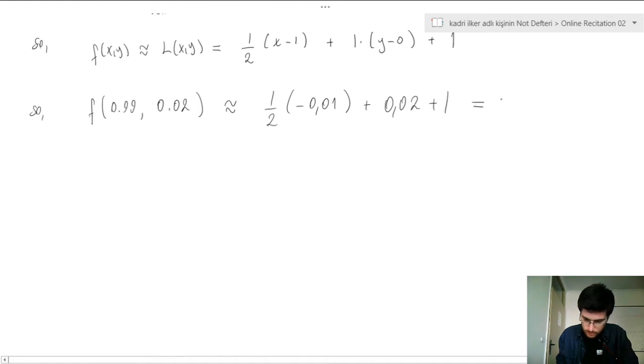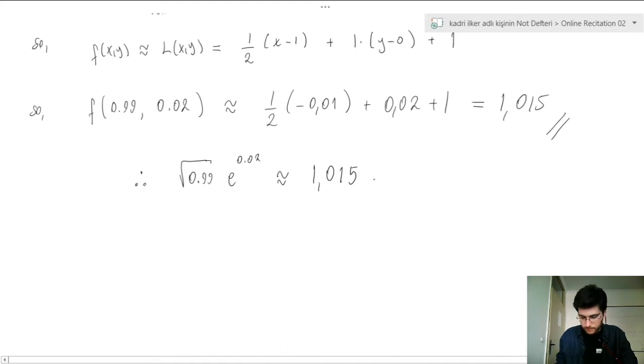So this is just 1.015. So this is approximately this number.